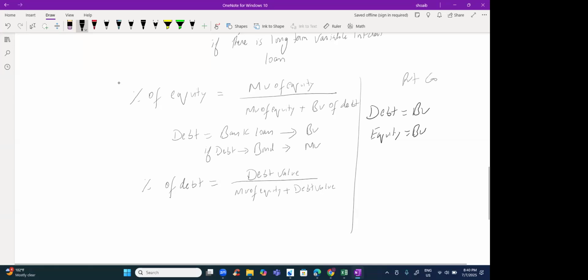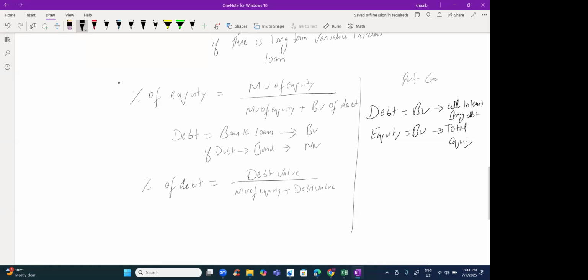Okay, what is the meaning of book value of equity? All total equity, including all reserves. So what is the meaning of debt? All interest bearing debt, meaning any borrowing on which you have to pay interest.